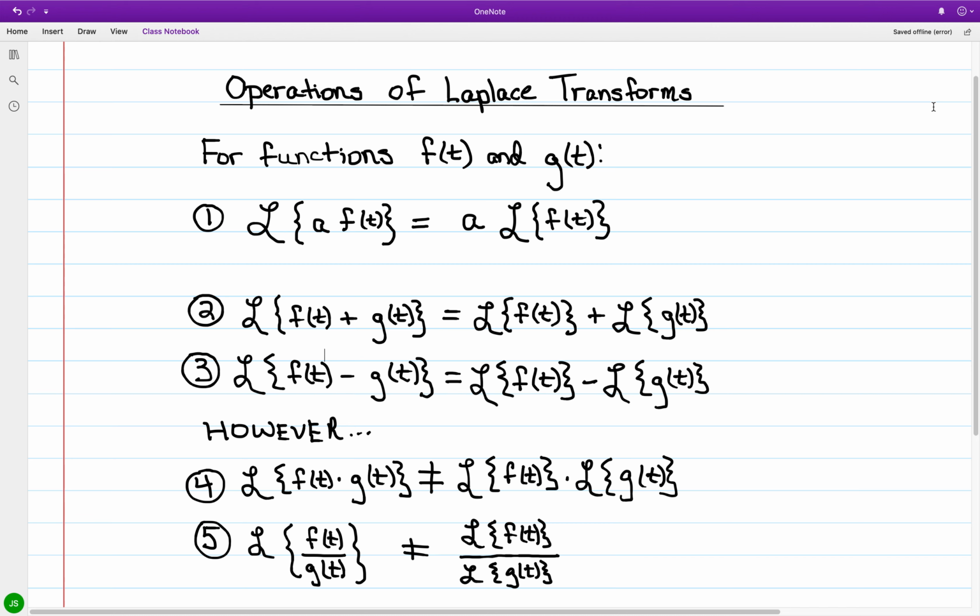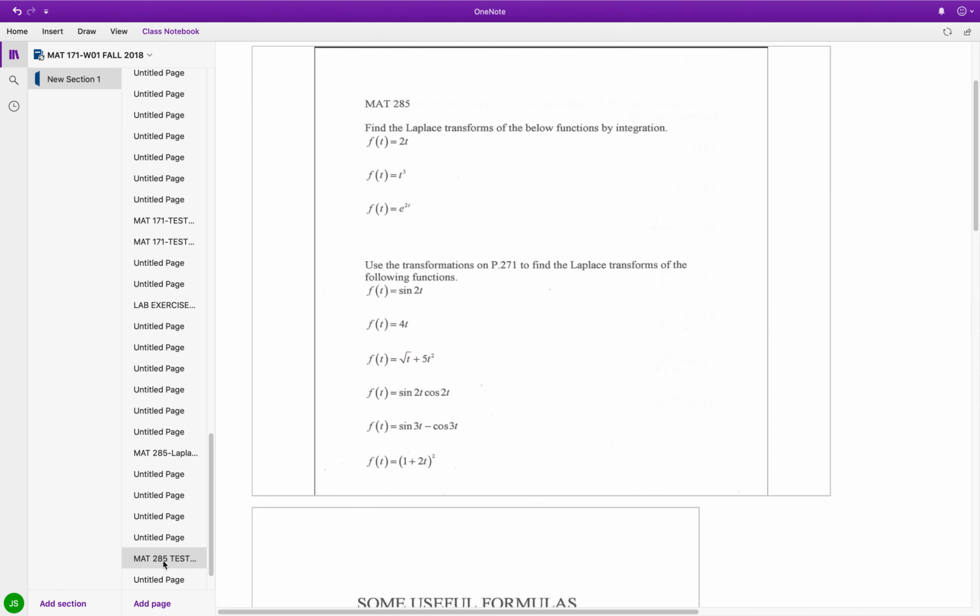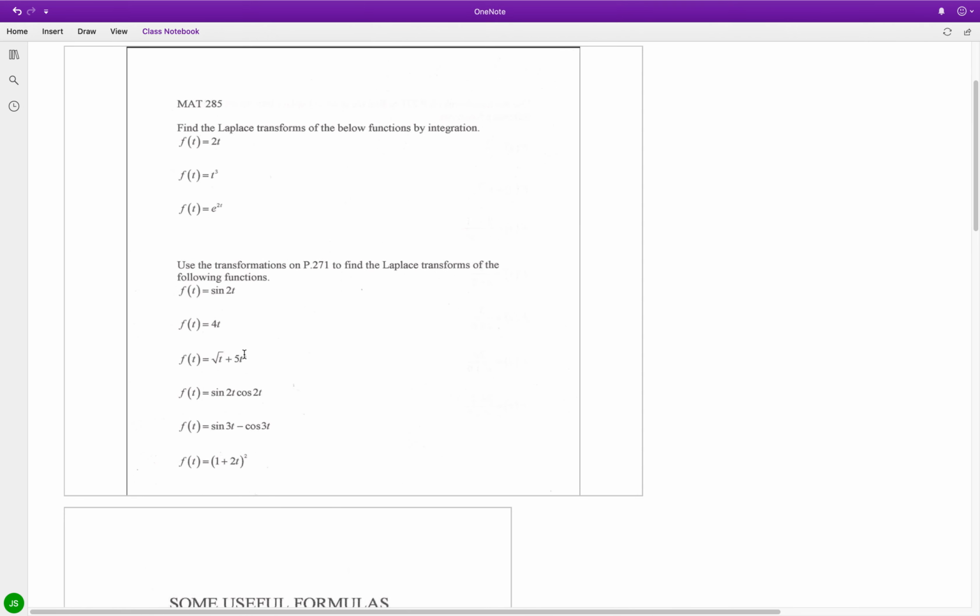And now, just looking at where we'll be able to utilize the tables, let's say we have the sine of 2t, and it says use transformations to find the Laplace transforms of the following functions.